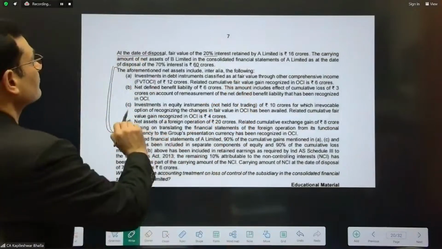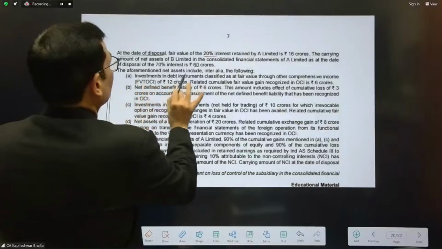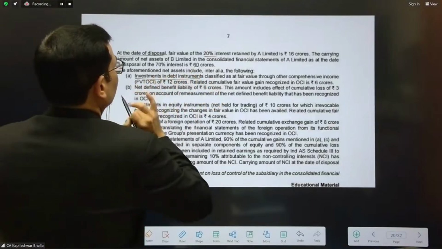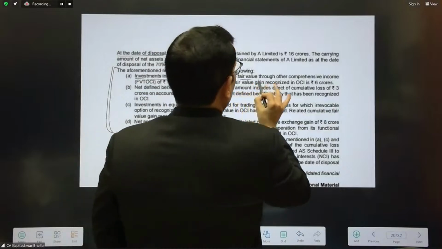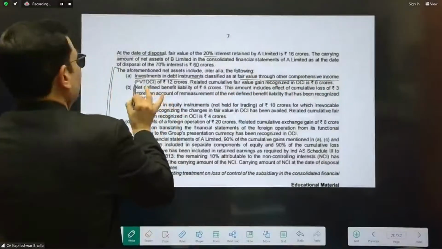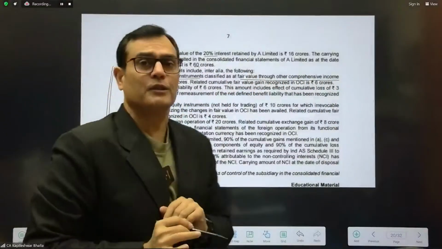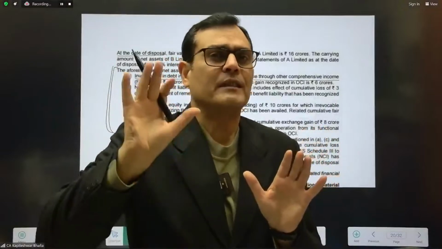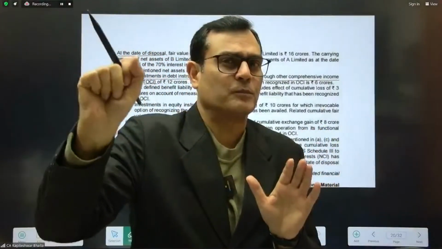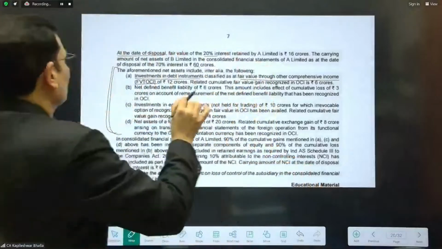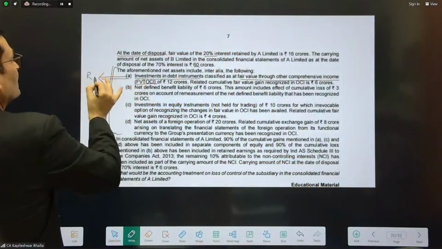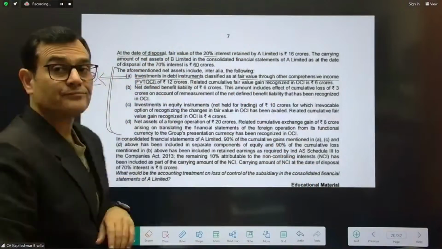Let's begin. The aforementioned net assets includes investments in debt instruments classified as FVTOCI, and you've not done the financial instruments standard. So let me tell you in advance. You'll see the logic later in financial instruments, but when you're looking at debt instruments at OCI, it is always with a recycling.